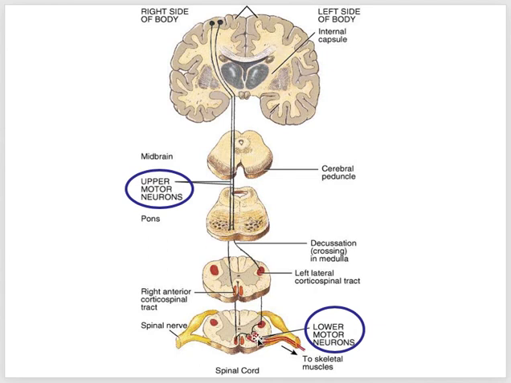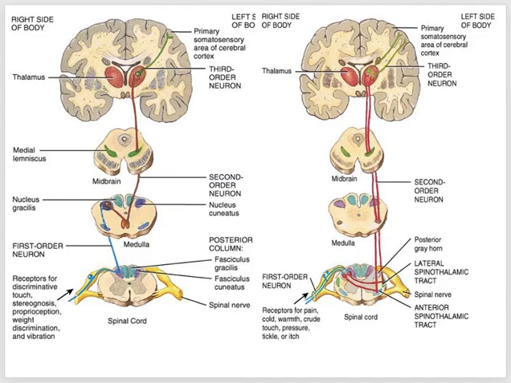So simply, how many connections are there? We name them first order neuron, second order neuron, and third order neuron. This is the first order neuron, this is the second order neuron, and it is making a connection with the third order neuron.